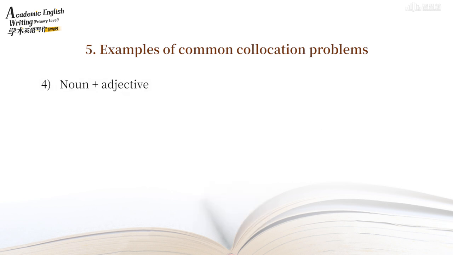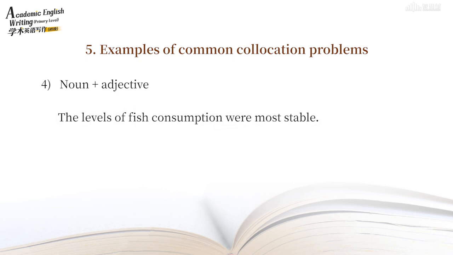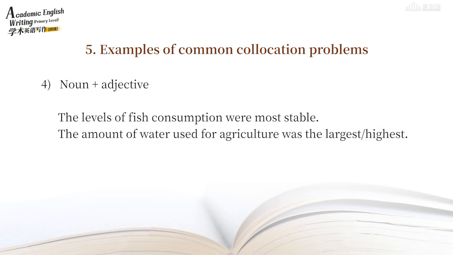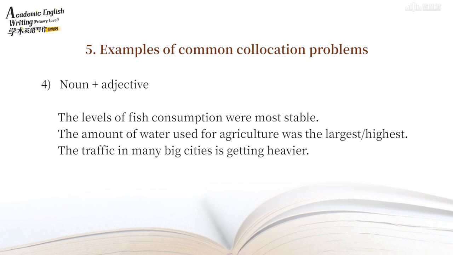The correct collocations are, respectively, A. The levels of fish consumption were most stable. B. The amount of water used for agriculture was the largest or highest. C. The traffic in many big cities is getting heavier.